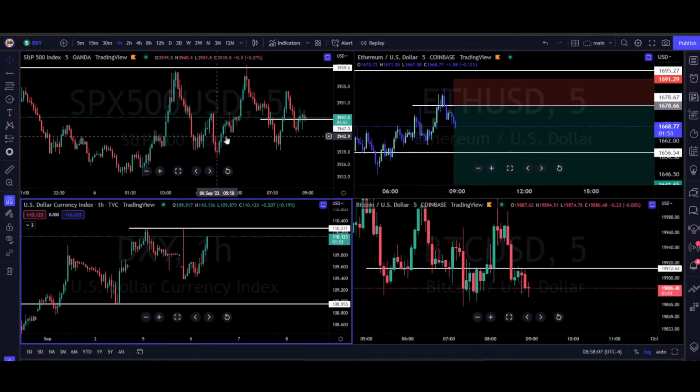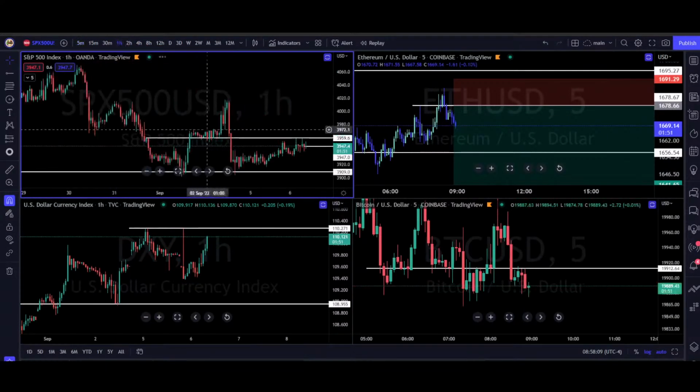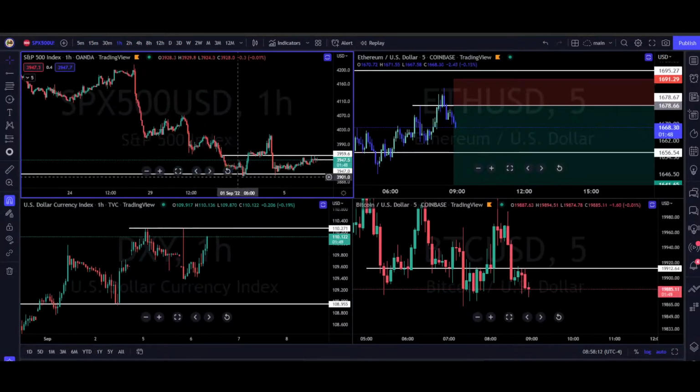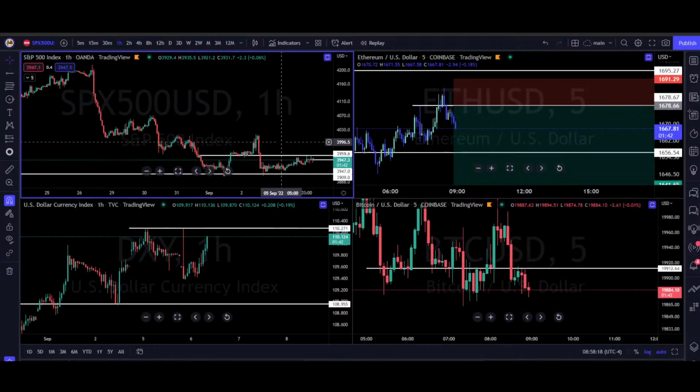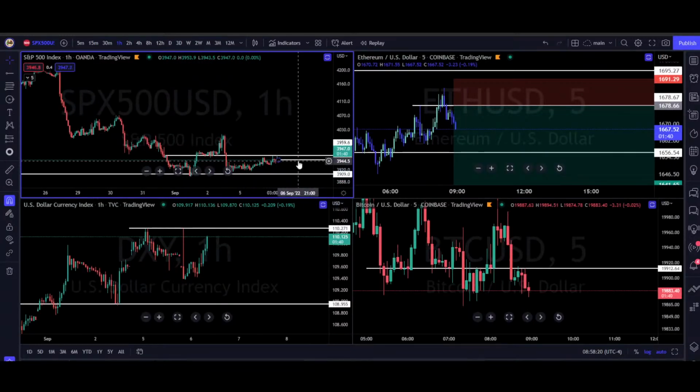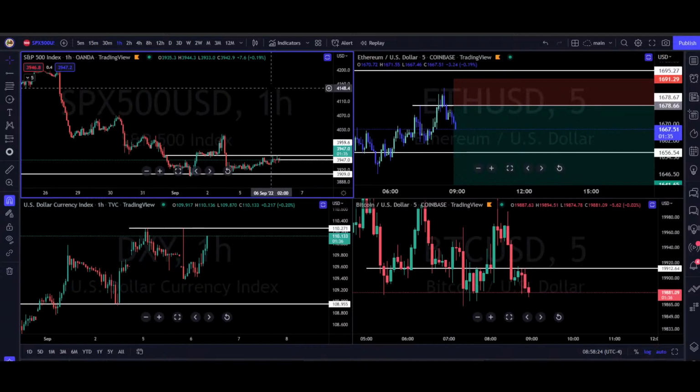The SPX has been on the lows for a long time, multiple days. This was your low, up, down, sideways. Nothing is clear. Downside continuation looks likely based on the structure of the dollar. 1 minute 35 seconds. Ethereum pushing lower.